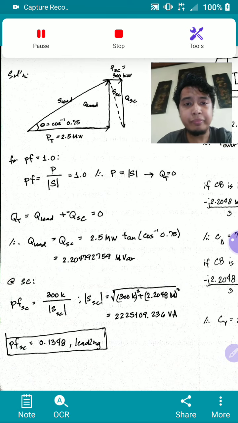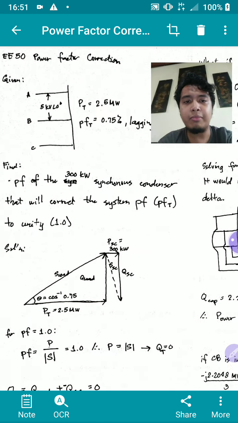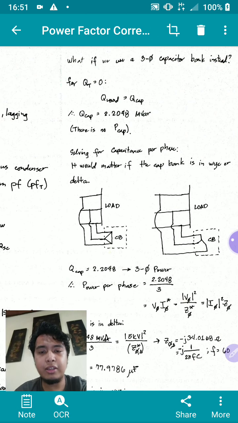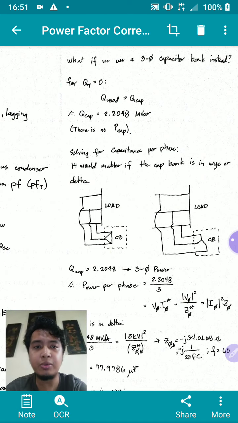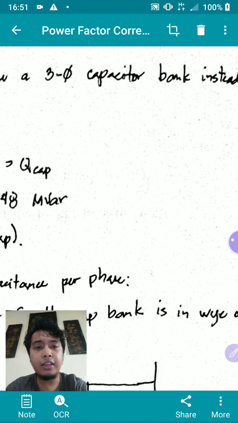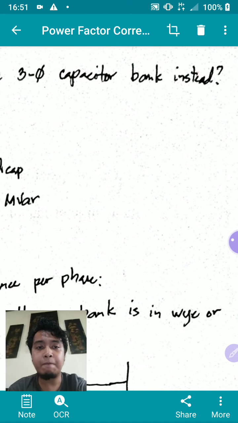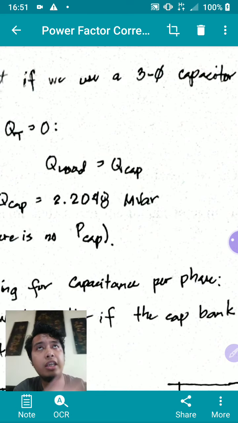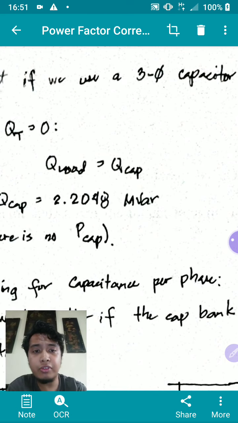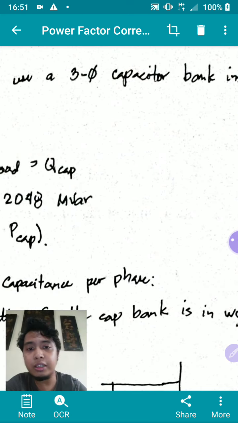Okay, now I want to expand this problem. What if instead of a three-phase synchronous condenser, I want a three-phase capacitor bank instead? So the idea is, instead of connecting a three-phase synchronous condenser to correct the power factor, I'll be using a three-phase capacitor bank.